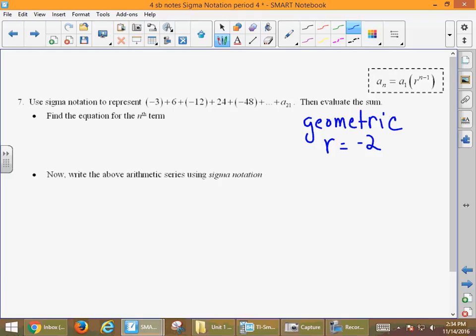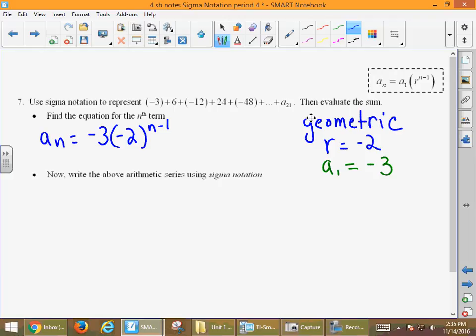And luckily, that's pretty straightforward. It's the first one in our list here, which is -3. We've got our formula over here. It says find the equation for the nth term, so a sub n equals our first value, which is -3, times our common ratio to the n minus 1.